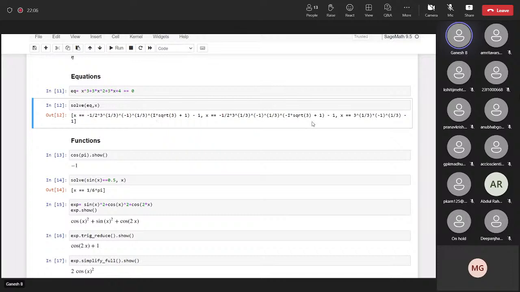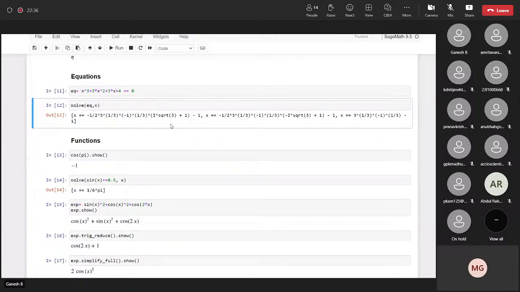Instead of throwing out 1.73 and computing all these values, it keeps it as symbols in a very user-friendly, human-readable form. I would rather see the root as 1 plus or minus root 3 I by 2 instead of 0.5 plus or minus 0.something I. So that is an advantage.